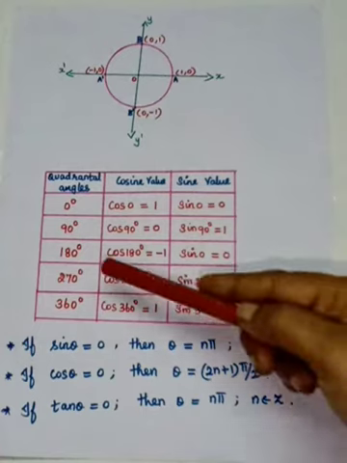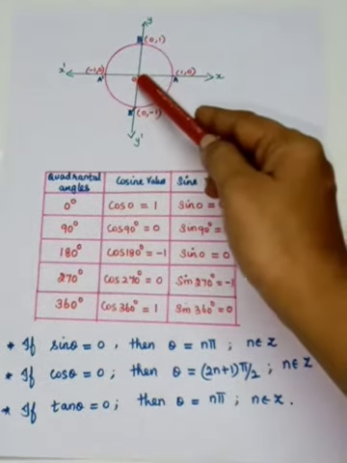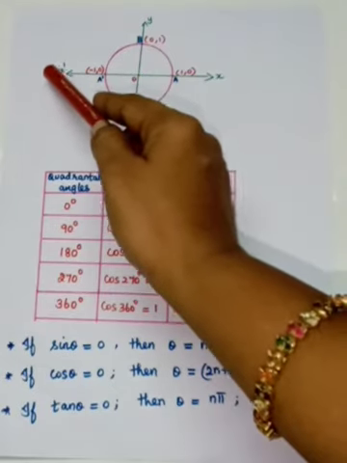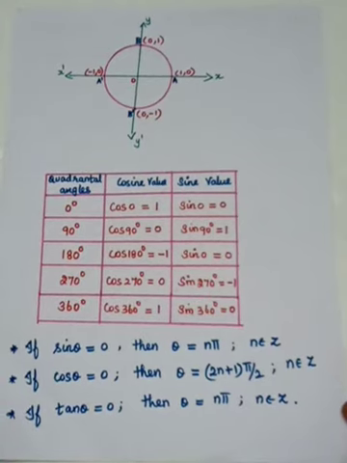The next one, 180 degree. The initial side is OA on the x-axis, and the terminal side is OA dash, on the negative side of the x-axis. So 180 degree is a quadrantal angle, and 270 degree and 360 degree are also quadrantal angles.